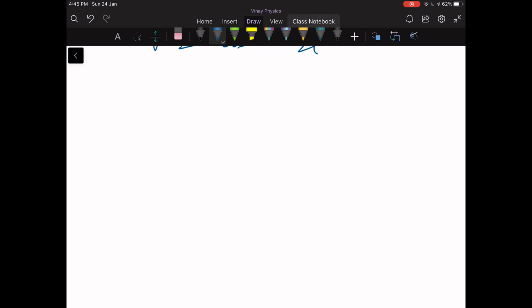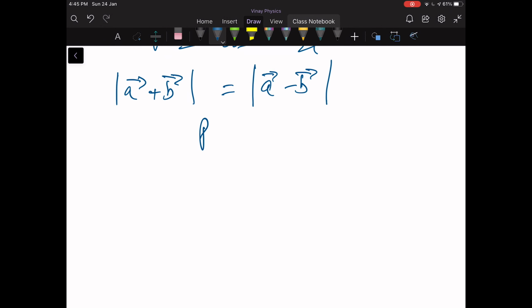So, for example, one type of question might be, if magnitude of A plus B is equal to magnitude of A minus B, then prove that A is perpendicular to B.